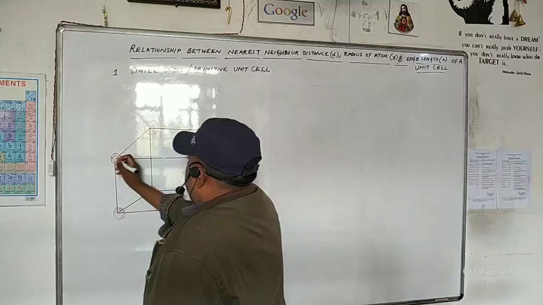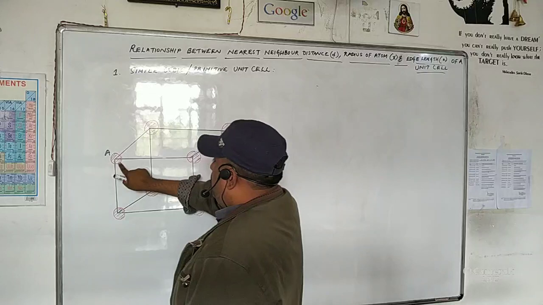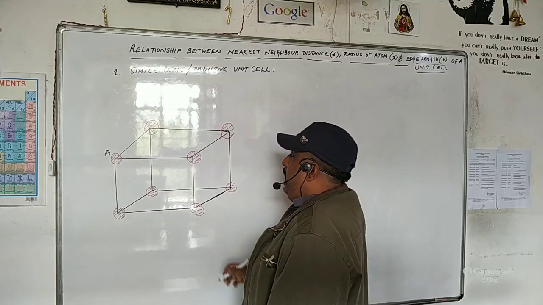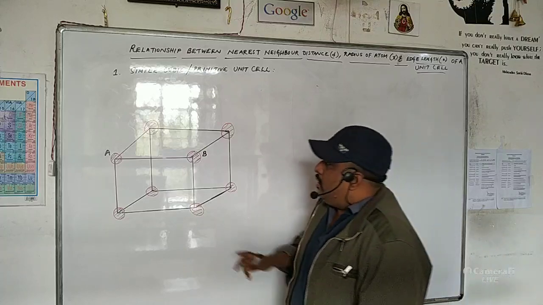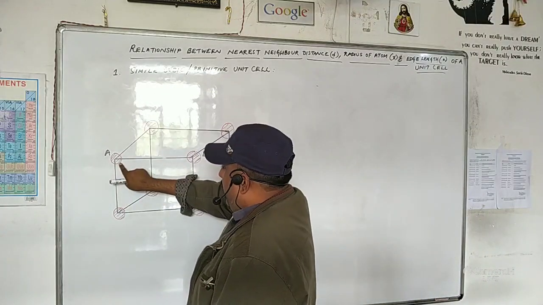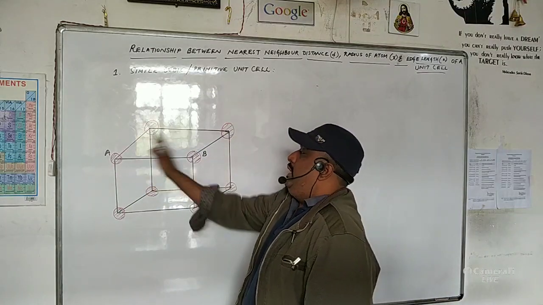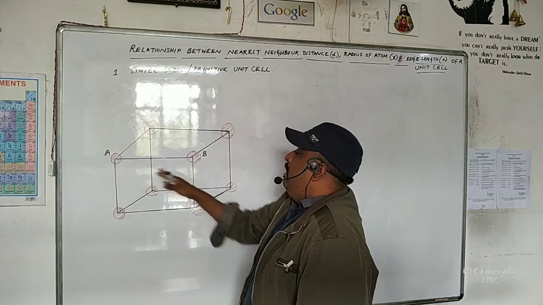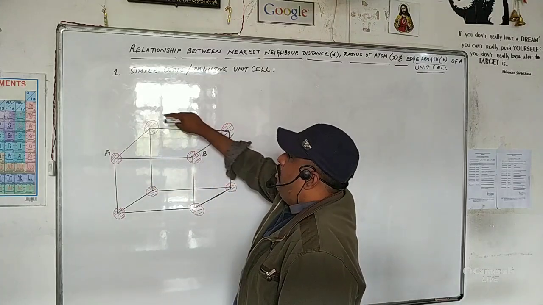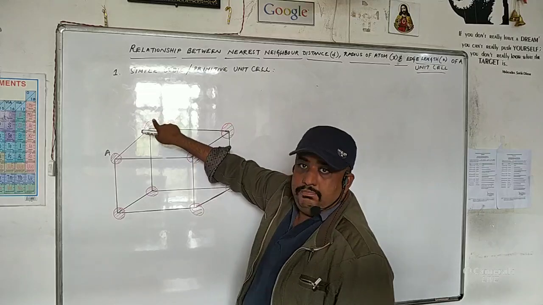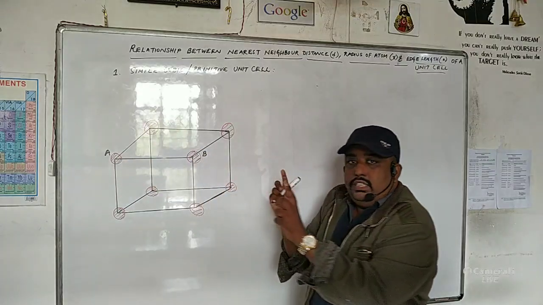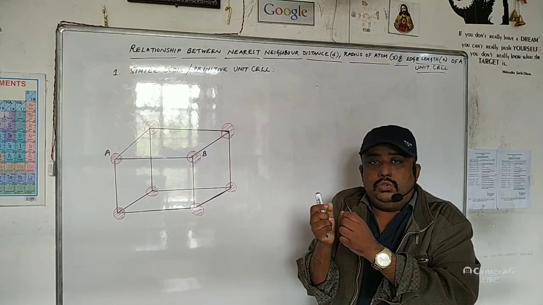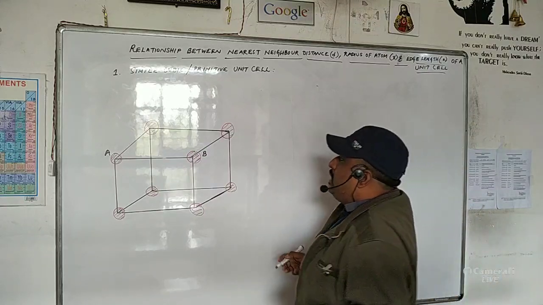So let us consider 2 atoms. Let us consider this red sphere as atom A and the other red sphere as atom B. Now the closest distance for atom A with any other immediate neighbor is either this B atom or maybe this C atom. I am just assuming A and B is the shortest distance. A and B lie close to each other. So let us get started.